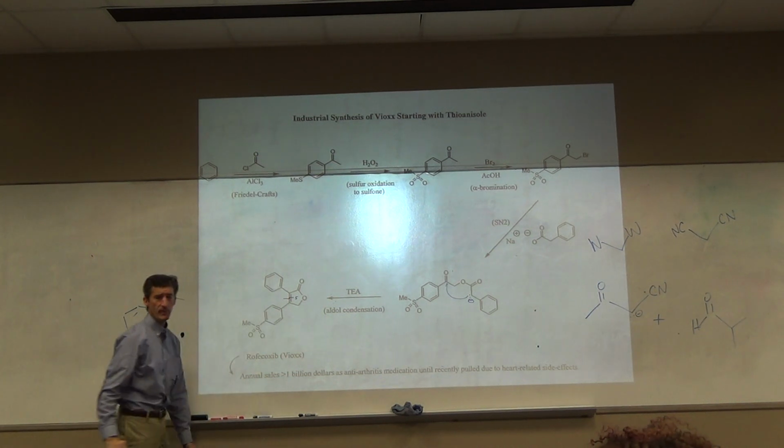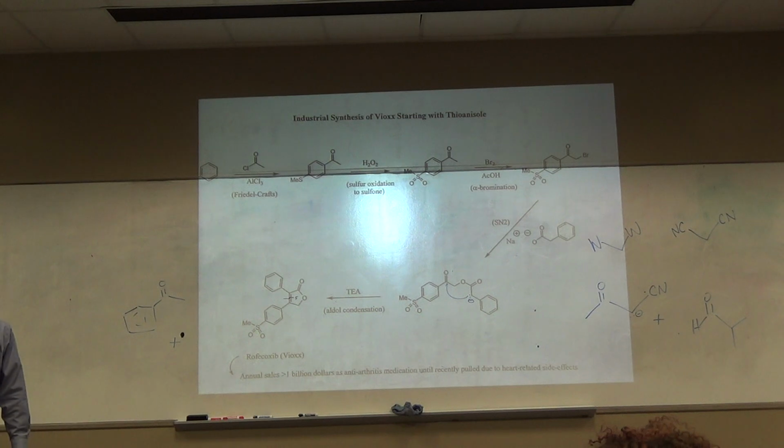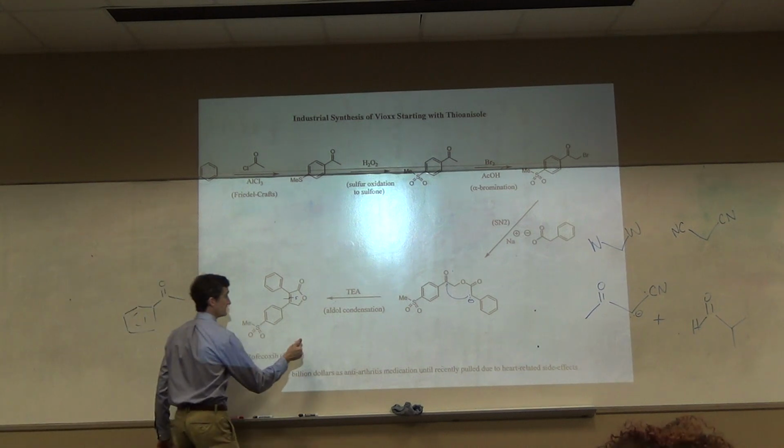Which carbon, top or bottom, was originally enolate? Top. How do you know? Because you can know where the carbonyl left. It's the one next to a carbonyl, because that's where enolates are. They're next to carbonyls, or cyano groups, or something else.